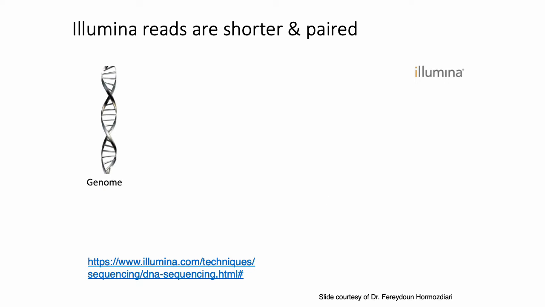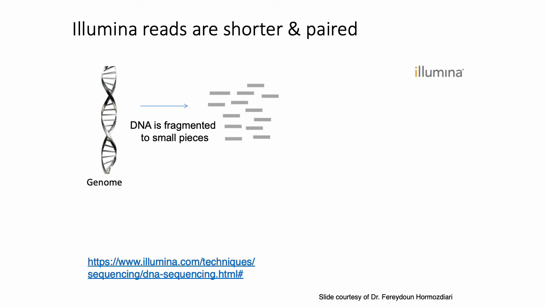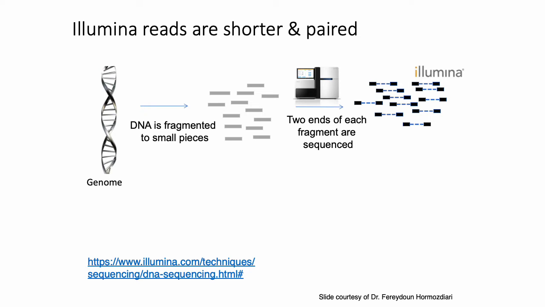And so the basic strategy for doing sequencing with Illumina SBS is, as we saw before, you start out with a genome sequence, and you fragment that sequence into small pieces. For each individual fragment with Illumina SBS, you are sequencing both the 5' and the 3' end of each read.